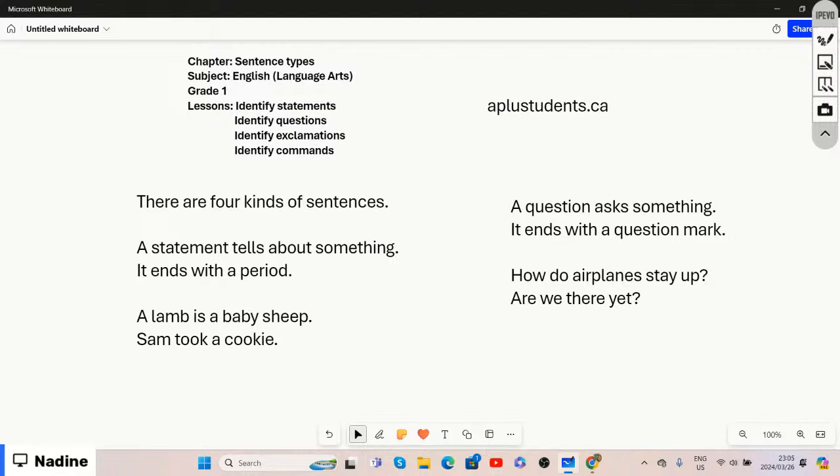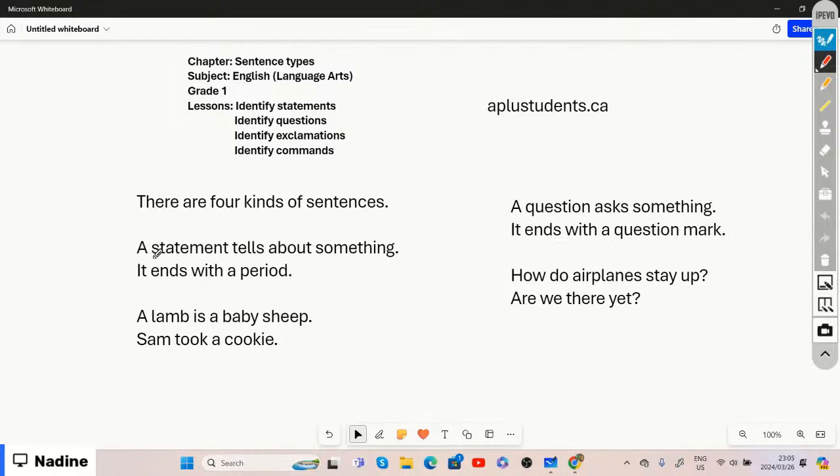So, for example, we have a statement, which is one of the types of sentences. A statement tells us about something. It could be anything that you're telling someone.